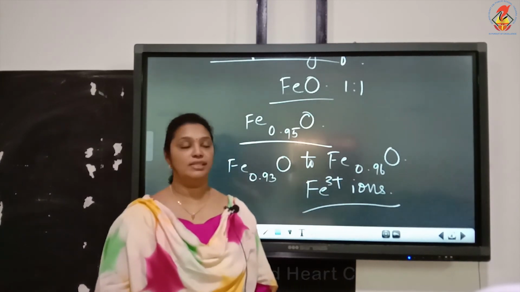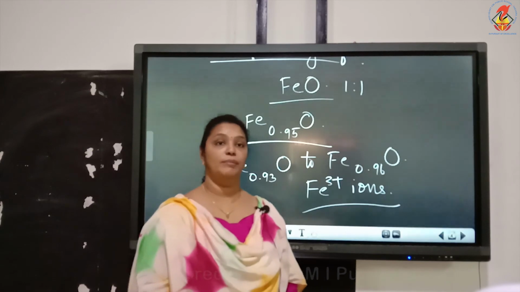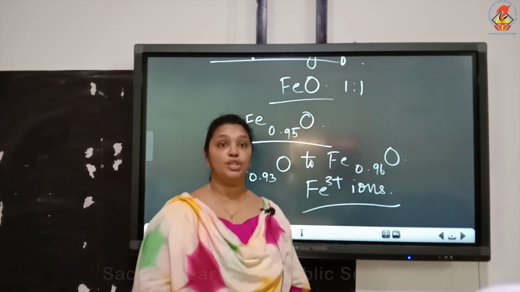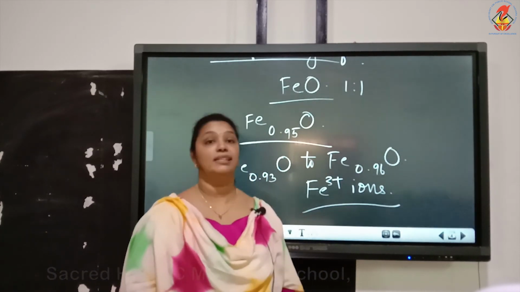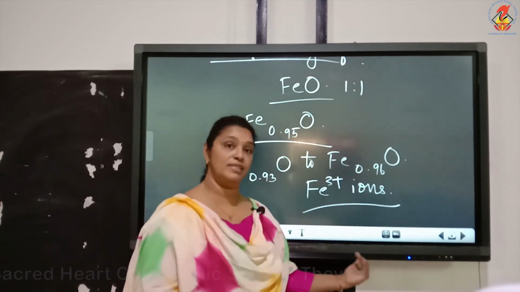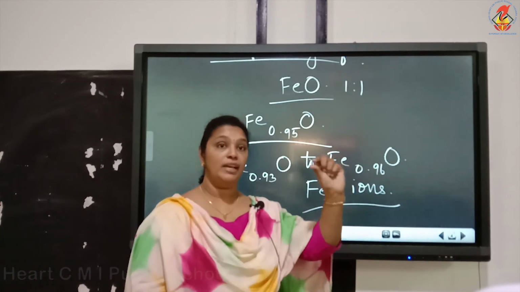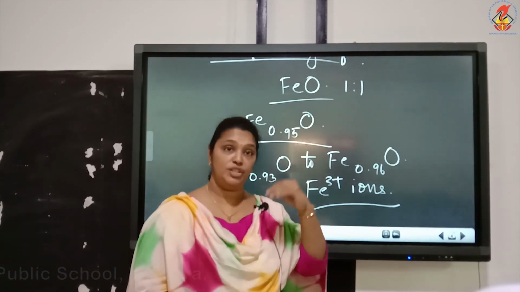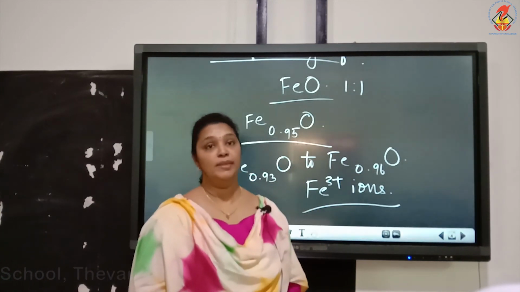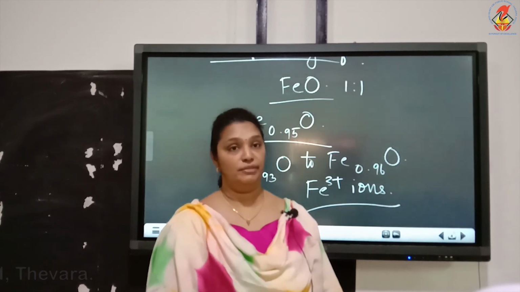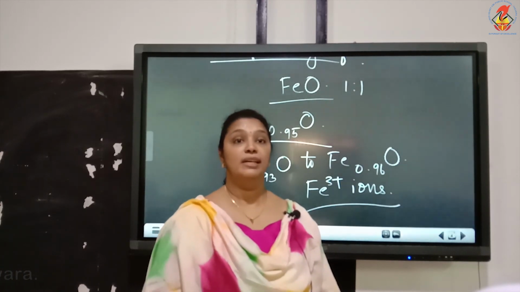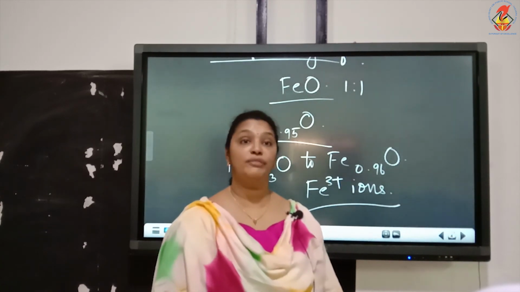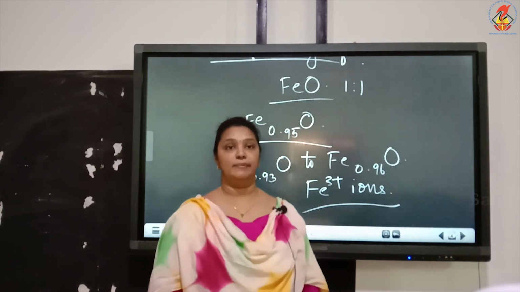So this is about the non-stoichiometric defect, in which there is a metal deficiency defect. Again, when you add Fe3+ ion also, there will be a vacancy of Fe2+ ion, which means the deficiency of Fe2+. So this is metal deficiency defect. Now with this we complete the imperfections or defects in solids. Thank you.